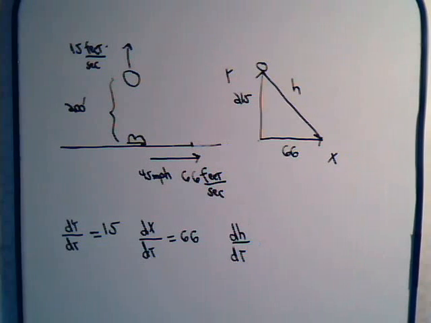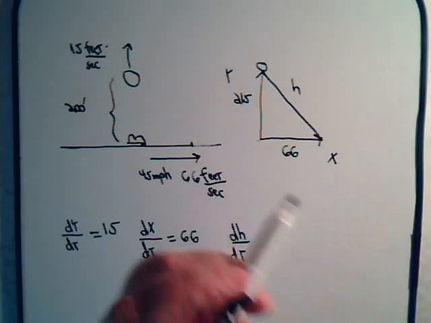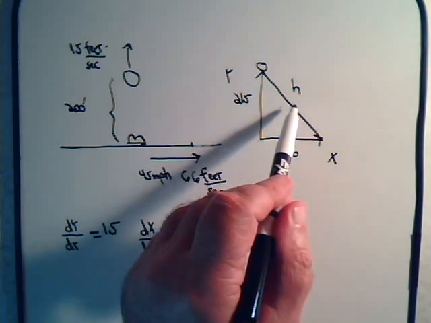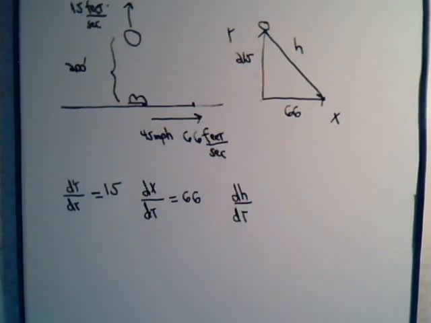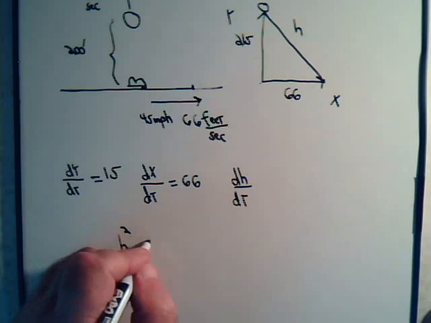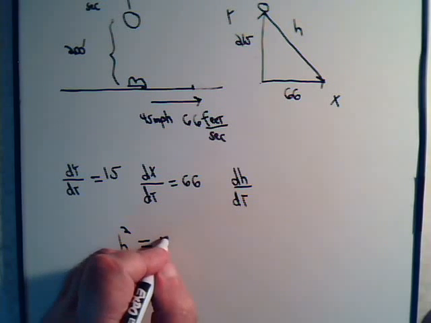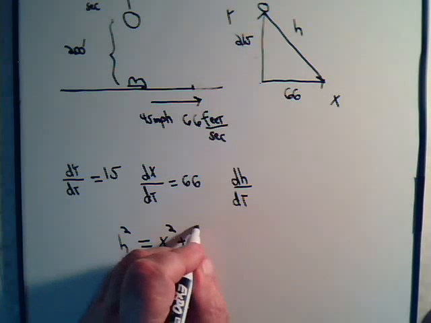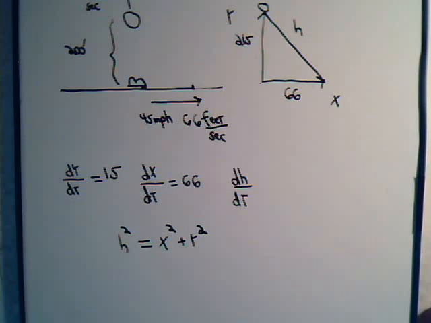So we look at this and we realize it's not too difficult to find a general equation that relates x and y and h. That's just going to be h squared equals x squared plus y squared.